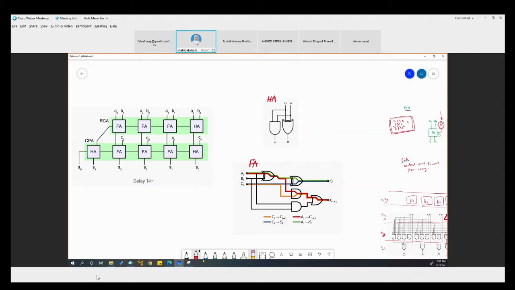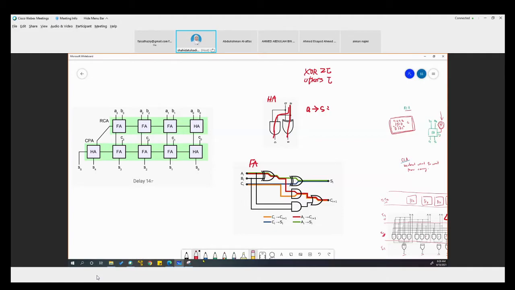In your half adder, there are two paths, which is from A or from B to S, and from A or from B to C. Let's just take A to S and A to C. So A to S is, okay, let's say the XOR is 2 tau, and other gates is tau.